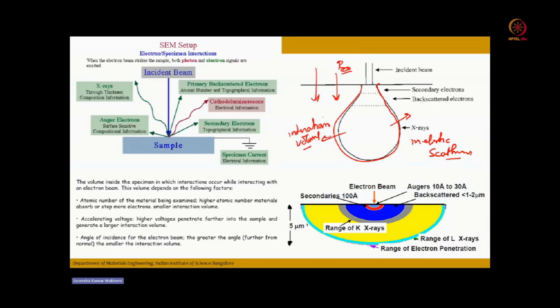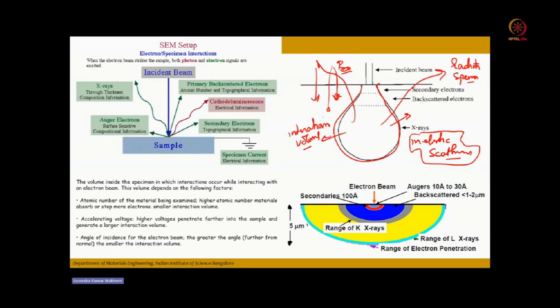And the energy of the radiation depends upon the energy lost when the primary electron beam travels into the sample surface. These radiations are not detected unless they escape from the sample surface, and that depends upon the type of radiation and also upon the specimen.